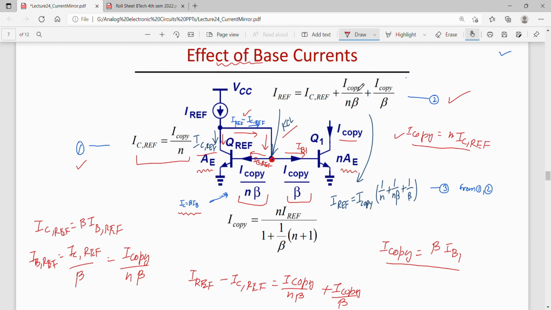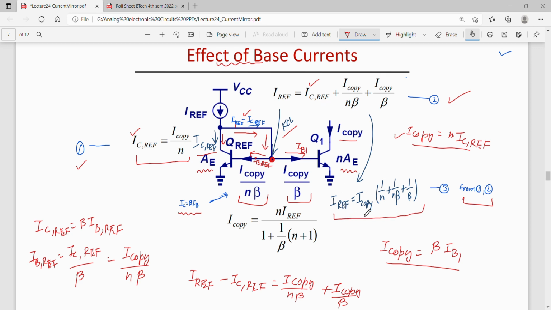Okay, now this equation has IC ref which is also present in equation 1 over here. So I put IC ref from here in equation 2. Okay, so IC ref is I copy by N. Okay, so I write I copy by N here. So using 1 and 2, if I write I copy by N over here, then this equation modifies to this, right?